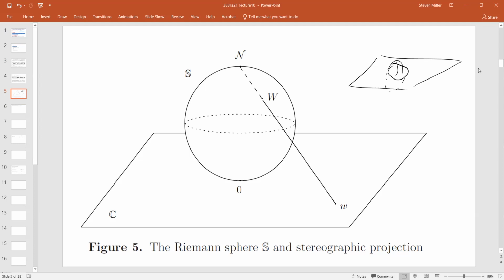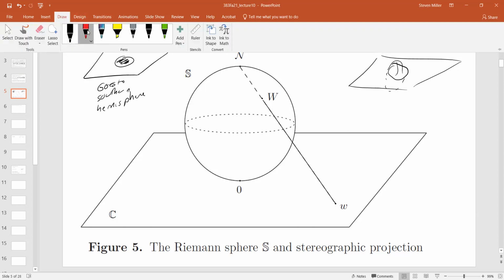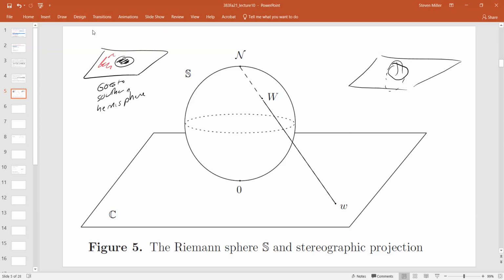And so when you do it like that, anything inside the unit circle goes to the southern hemisphere, and then anything outside goes to the northern hemisphere.